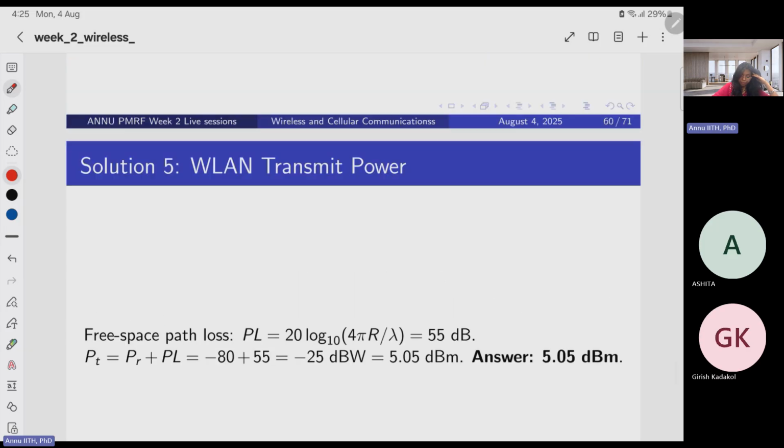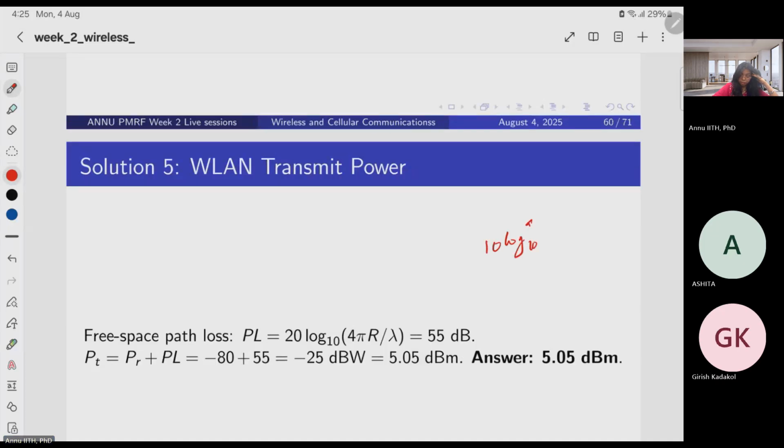If it is an omnidirectional antenna, with no gain, you can just remove it, because it is 10 log 10 of power. You can remove it, but I'm getting the logic. What was the logic?